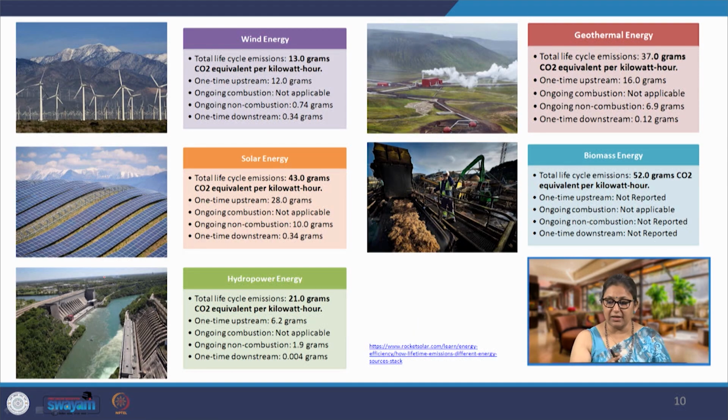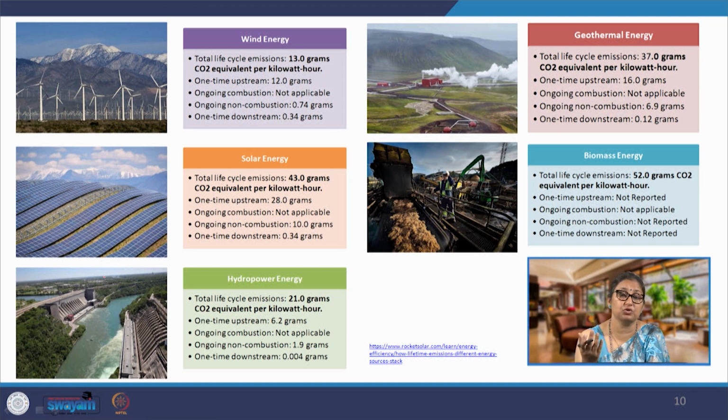So, again we can look at these numbers. Most of them, whether it is wind, solar, hydropower, geothermal and biomass, all of them have one time upstream emission related with them, because most of these require infrastructure to be set in place. When we are talking about wind energy, huge wind towers or wind farms need to be set up.